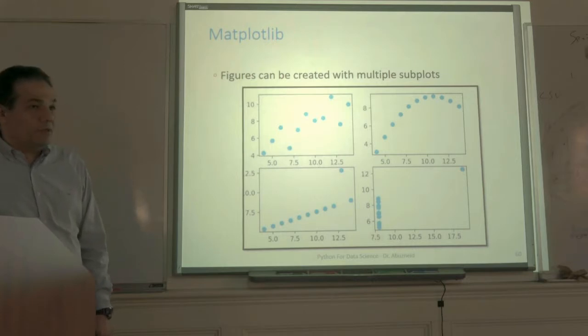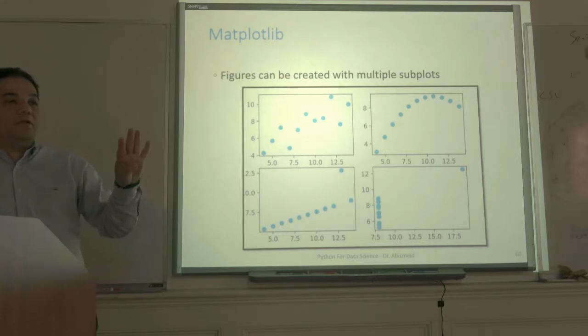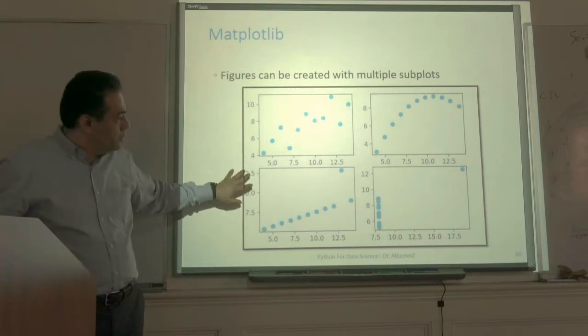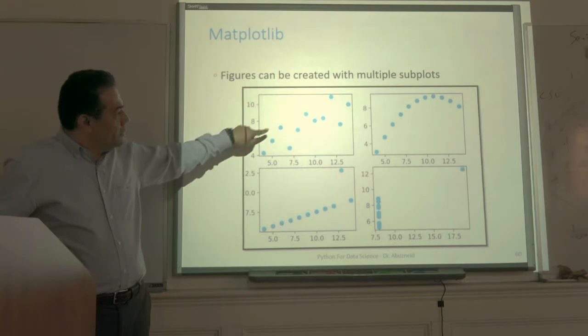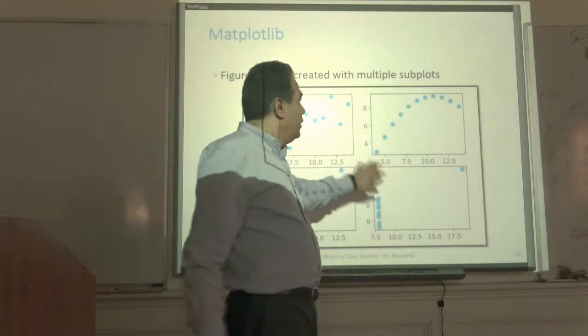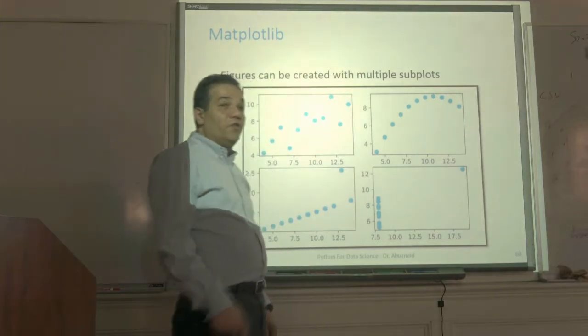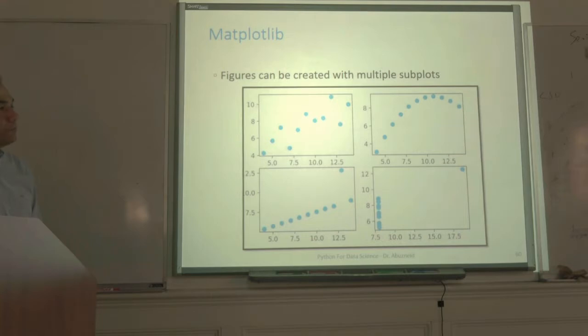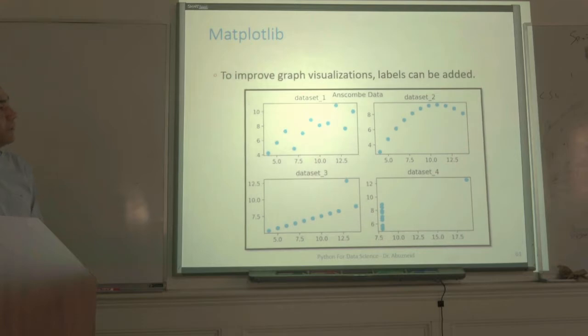This is multiple subplots. How many quartets do I have? 4. So this is the first quartet, the second quartet, the third, the fourth. As we said, they have completely different shapes and different trends. So that's why it's very useful to have the graphs plotted, right?